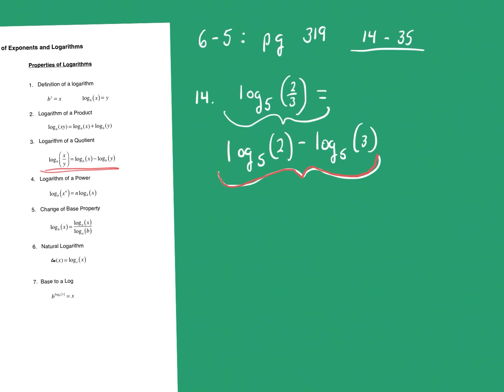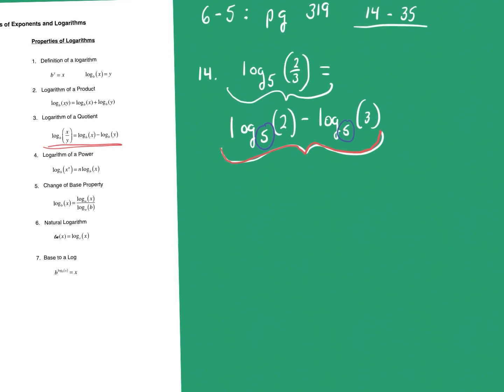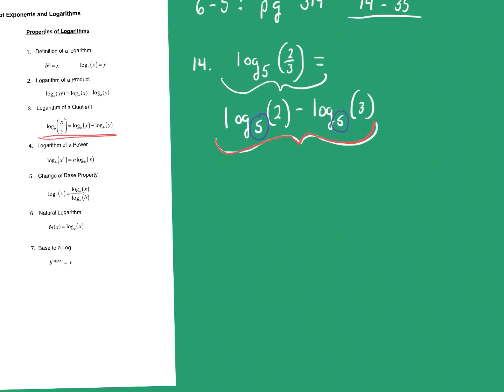But we're just using this property, x over y, 2 over 3, and the base has to be the same. Okay, that's number 14. Let's work number 15. That's a little bit more involved, and it'll get us going a little bit. Sorry if my voice isn't holding out so great.